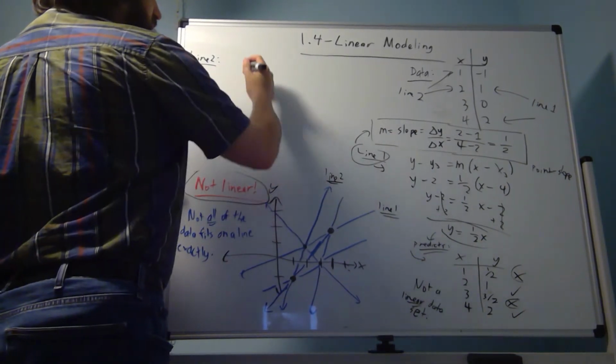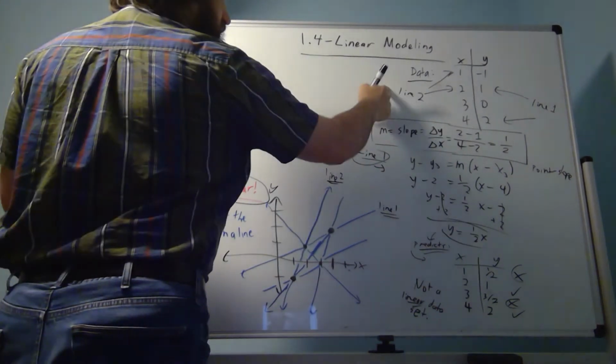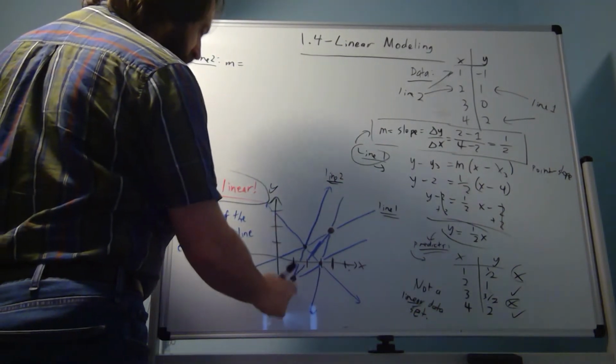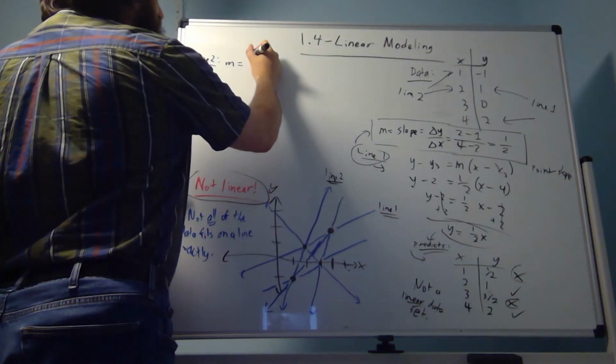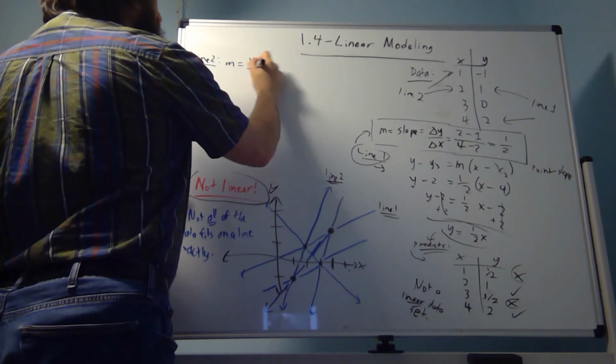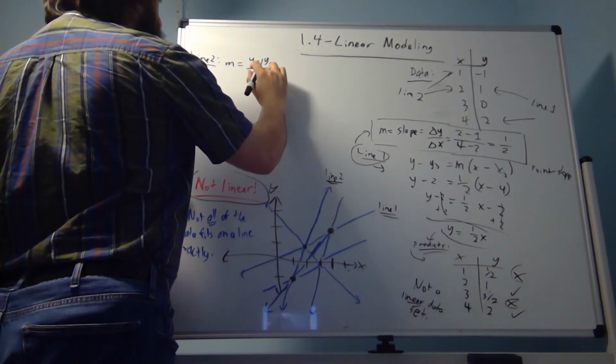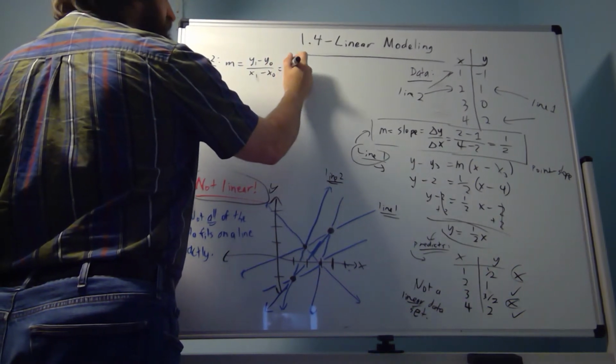So line number 2. I'm just using the first two x values. So y minus, I'm using change in y over change in x.